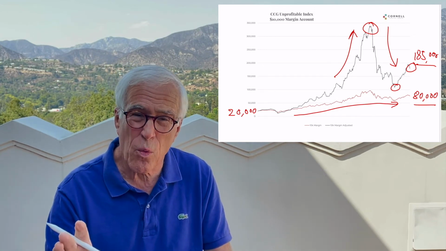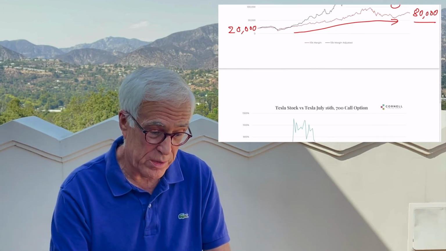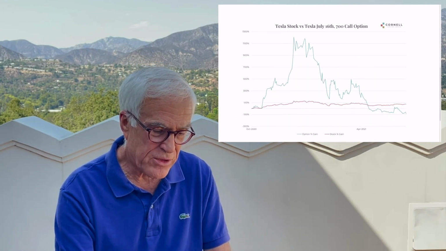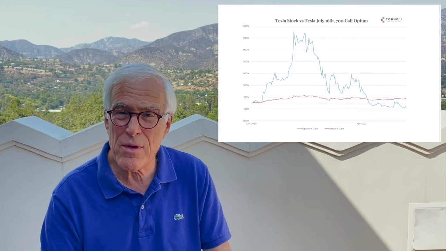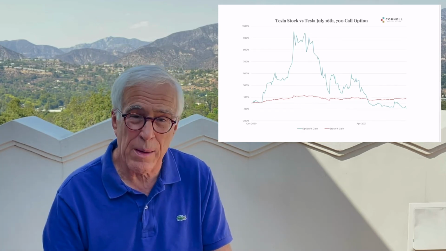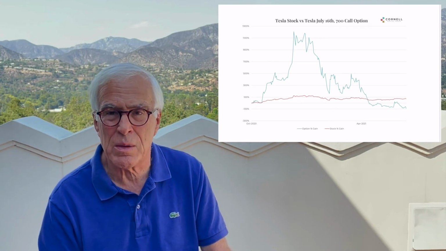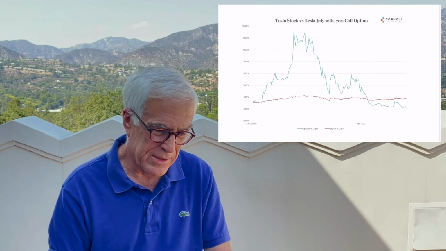Now, there's one other way to get leverage. There's many other ways, but there's one other important one in today's market, and that's to use options. Rather than putting your money into the underlying stock, you put it into an option. And to show you how much more variable the option can be, we took a look at Tesla.